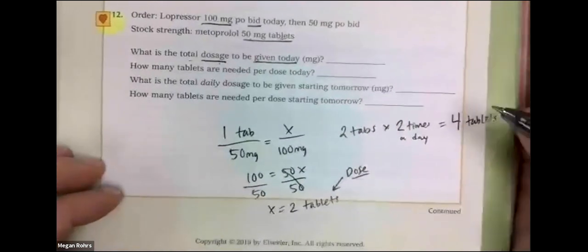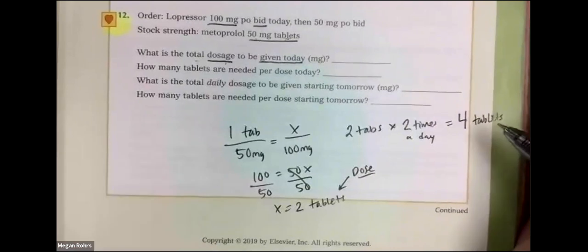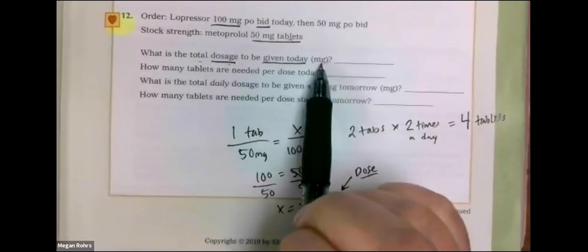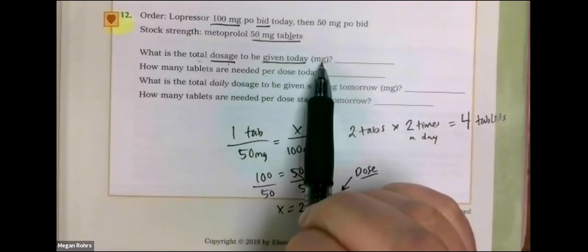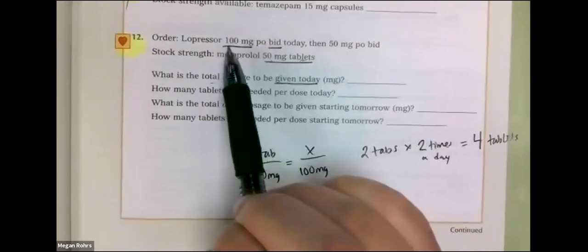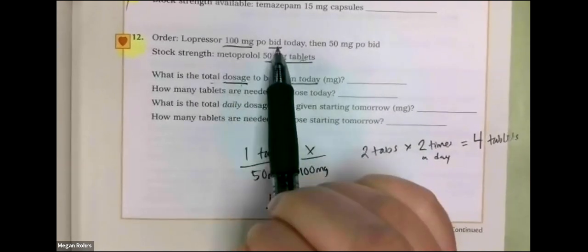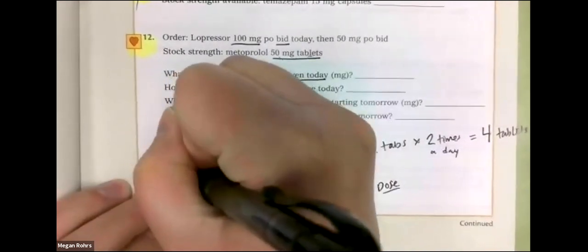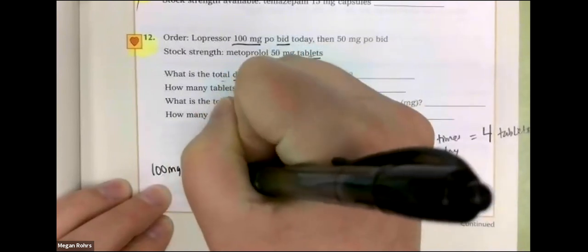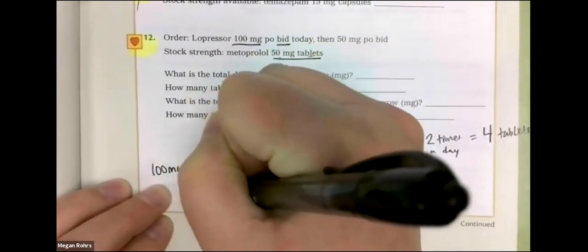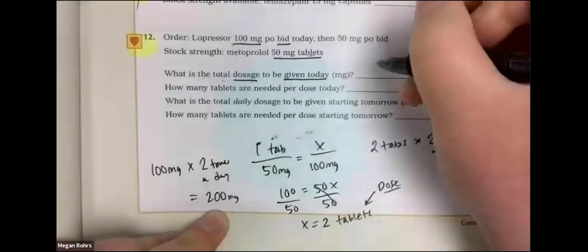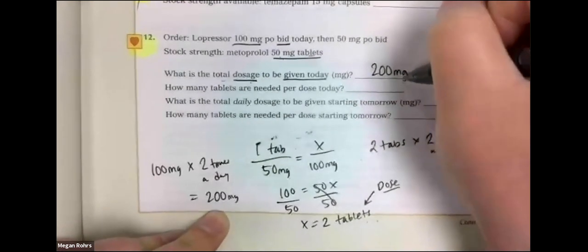So we need a total of 4 tablets, okay? But it says, what is the total dosage in milligrams? So how many milligrams do we need today? Well, we're giving 100 milligrams 2 times. So we're taking 100 milligrams 2 times a day. So we need 200 milligrams today.